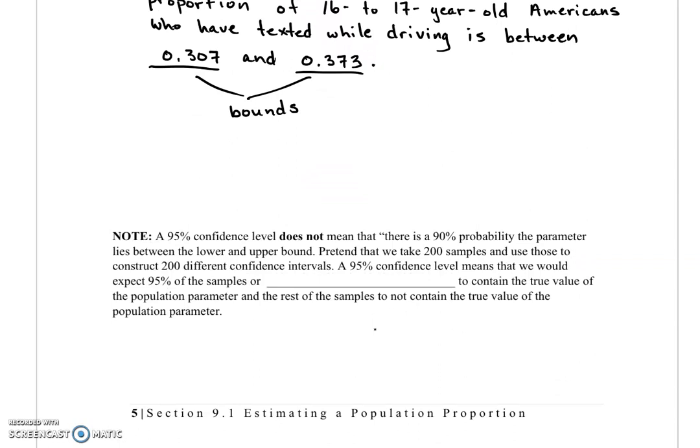Now, it's very important to note that a 95% confidence level does not mean that there's a 95% probability the parameter lies between the lower and upper bounds. So pretend we take 200 samples and use those to construct 200 different confidence intervals. A 95% confidence level means we would expect 95% of the samples, or if we multiply 0.95 times 200, would be 190.